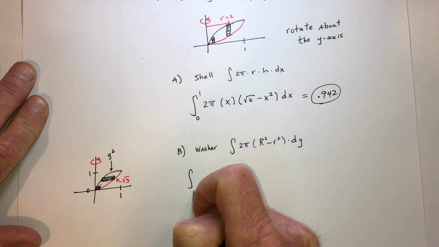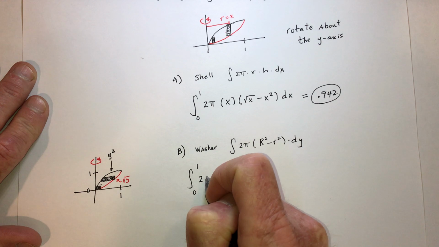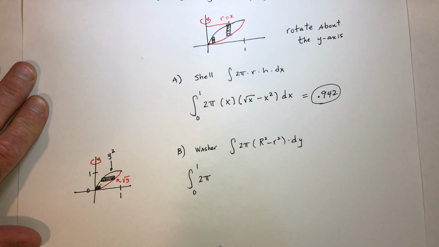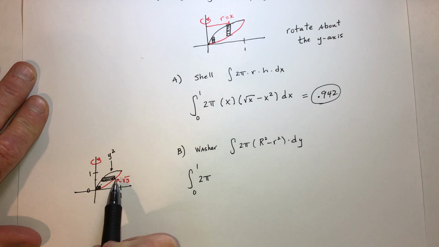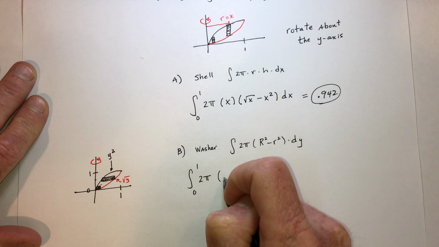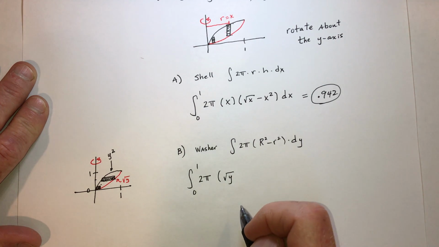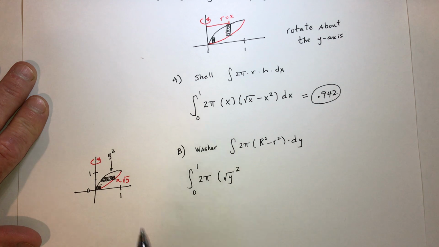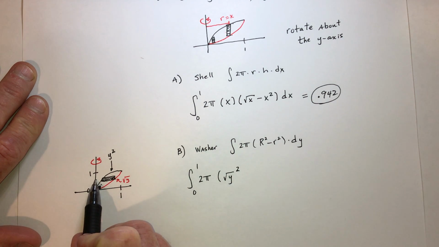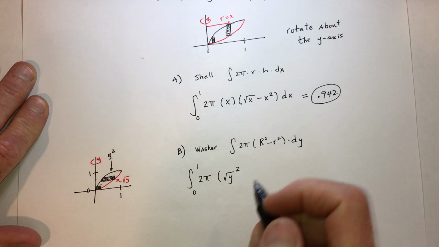So integrate from 0 to 1, 2 pi, and then the big radius. So it's going to go from here until it gets over to here. So that's the square root of y. Then we need to square that big radius. The small radius is when it goes from here to here, so that's y squared.